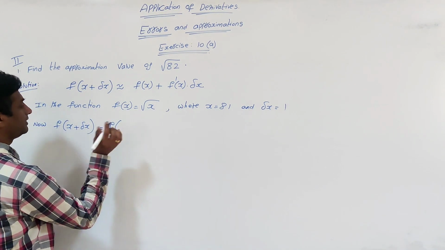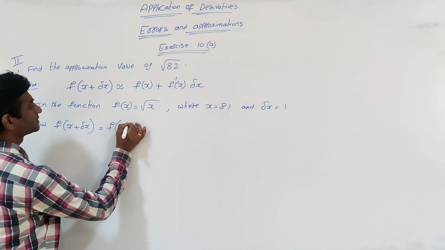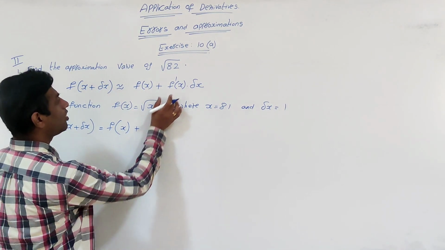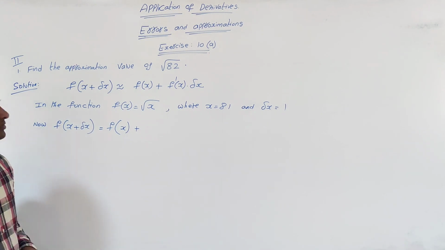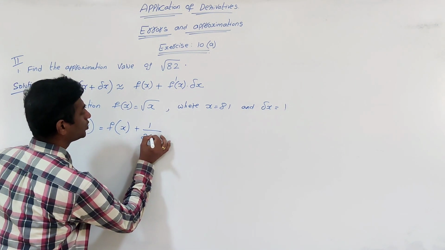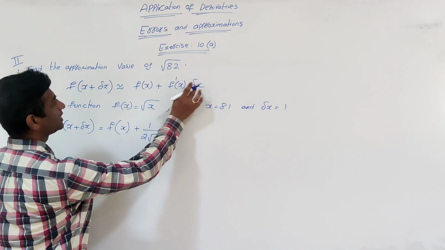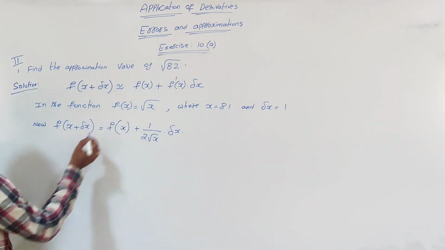So this will be equal to f of x plus derivative of the function. What is the derivative of the root x function? It is 1 by 2 root x into delta x. Now substitute the values.